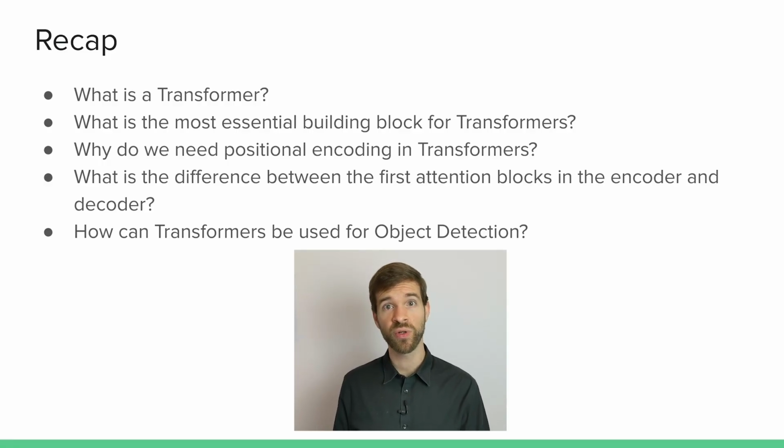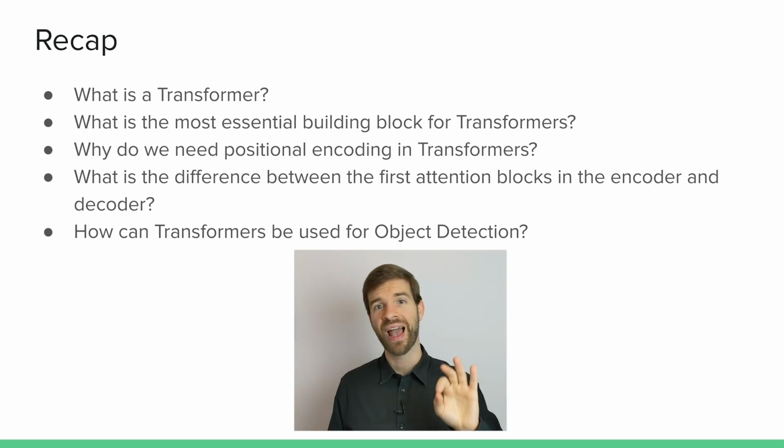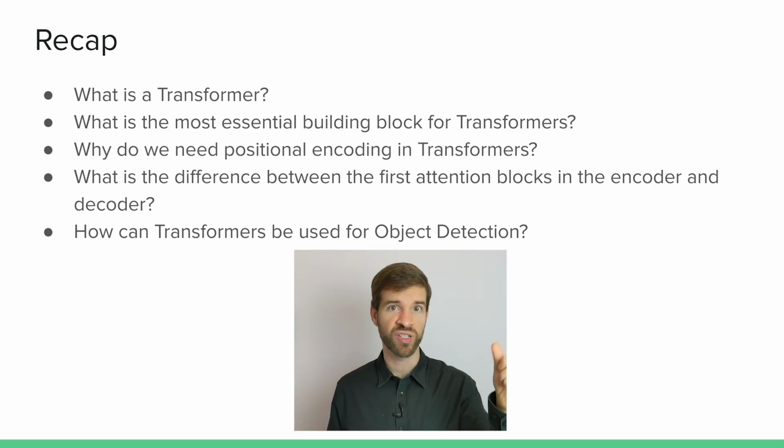And those object queries are being transformed. So one object query will be transformed into one output. And what those object queries are are specific inputs, kind of learned guesses that say, okay, take a look at the top left and tell me if there is a small or a large object, something like that.